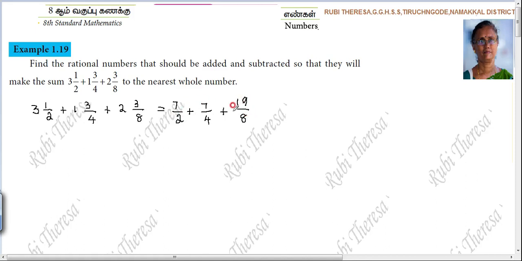So next what you got to see to add these numbers? Yes. Common denominator. If they have the common denominator, then you can add the numerators and divide by the common denominator. But here you don't have the common denominator. That means what? You have to take out the LCM, common denominator.